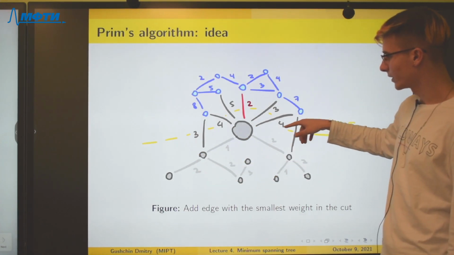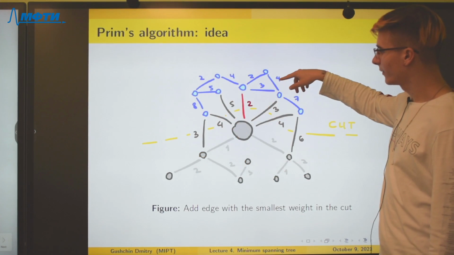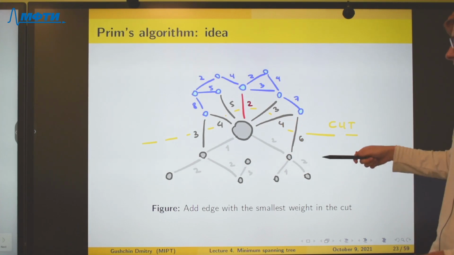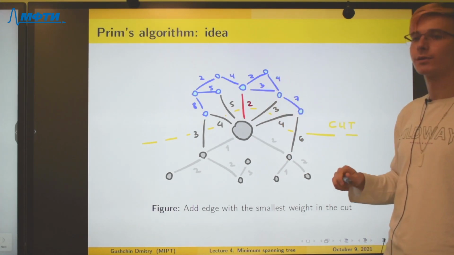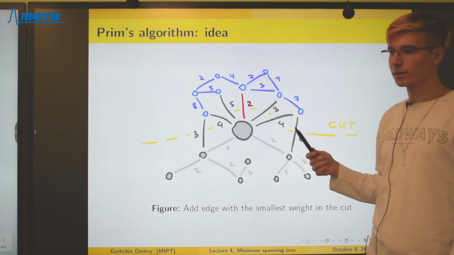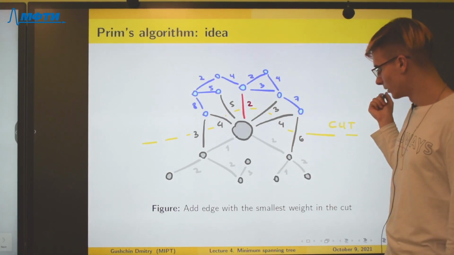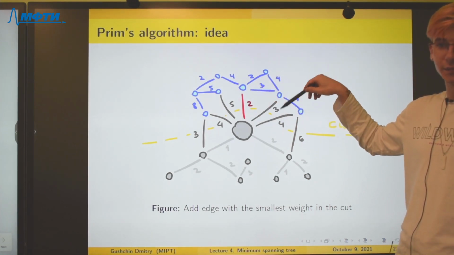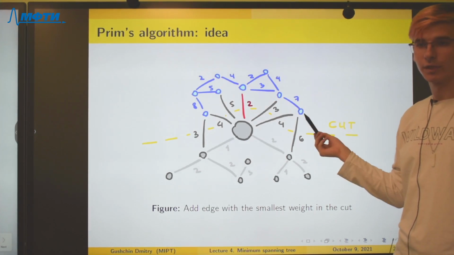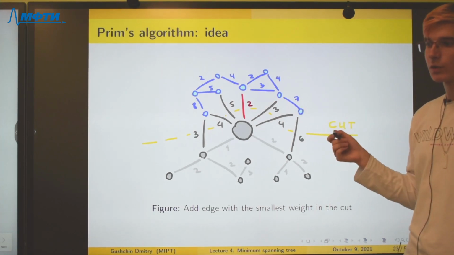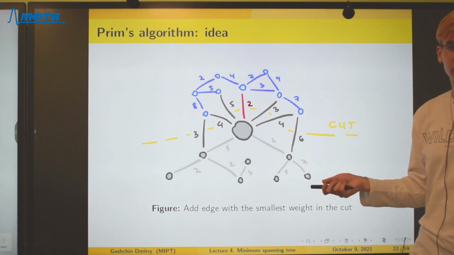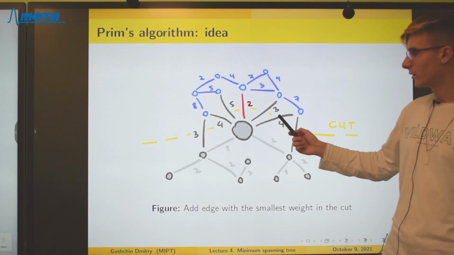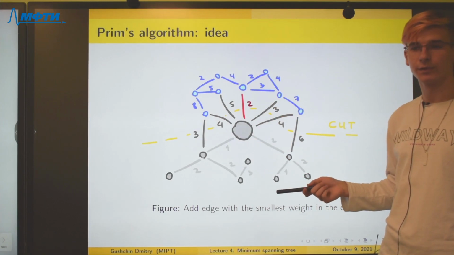In one part we have our tree. In the other we have the residue of our graph. Then we take the minimal edge in this cut and add it to the tree with its vertex, and repeat this algorithm. As a result, we get a minimal spanning tree. So it is a greedy algorithm, where in each step we find the minimal edge in the cut that we can add to this tree.